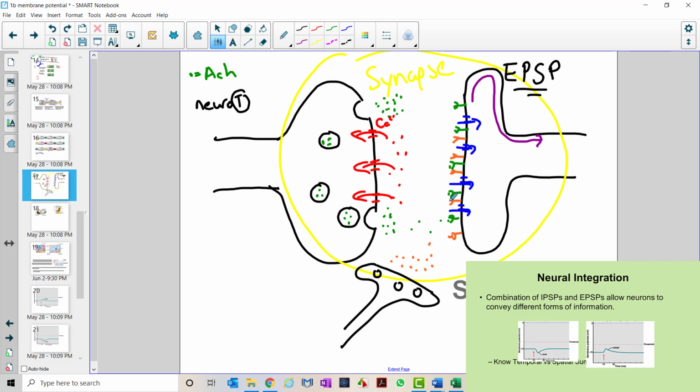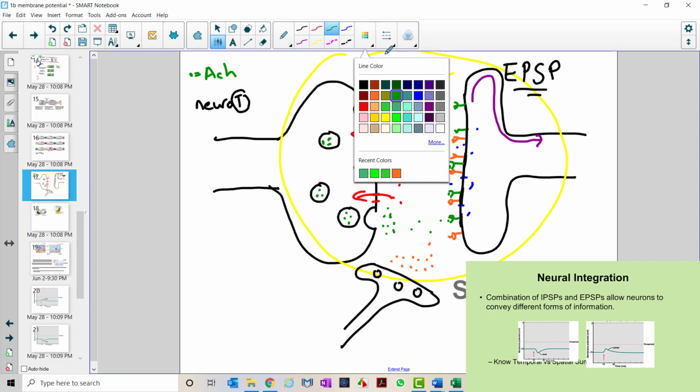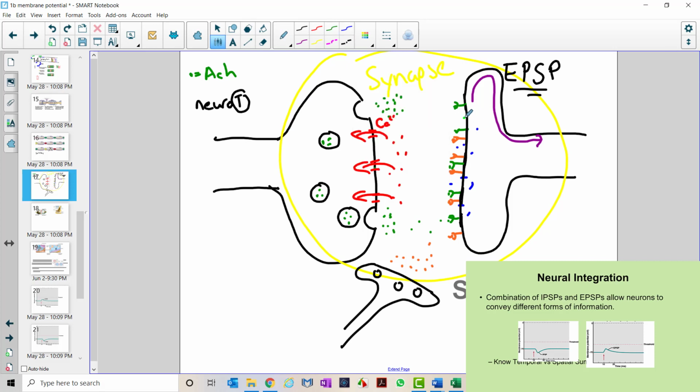And this receptor, instead of opening sodium channels, it opens potassium channels, right? So when potassium channels open, what happens?